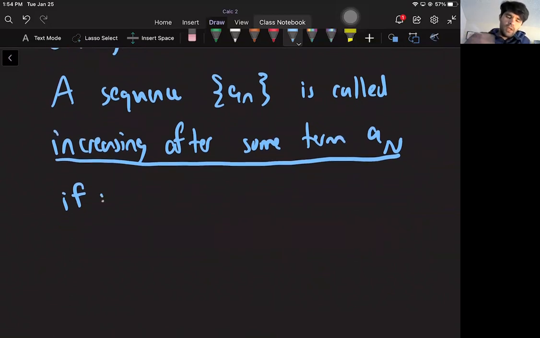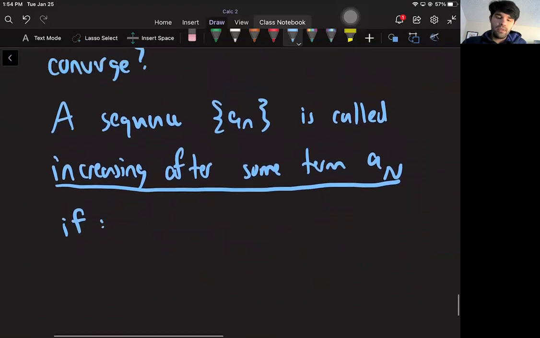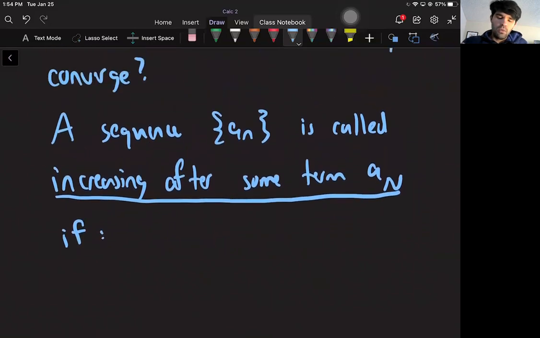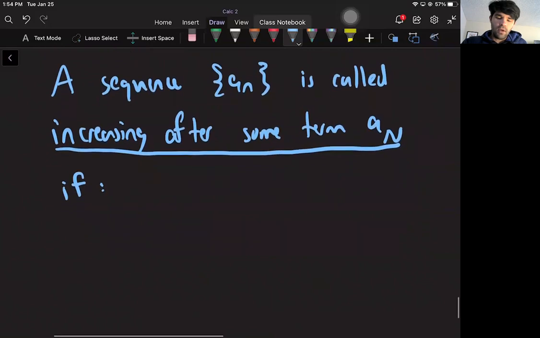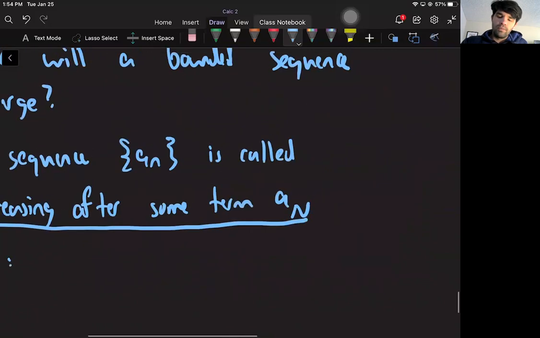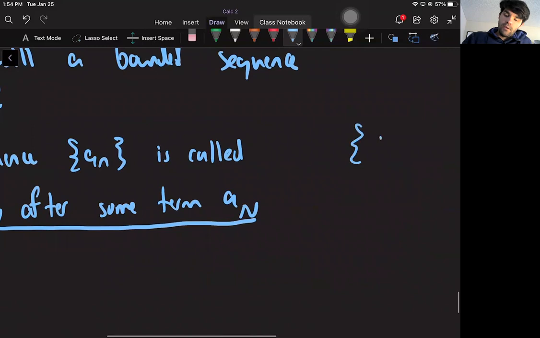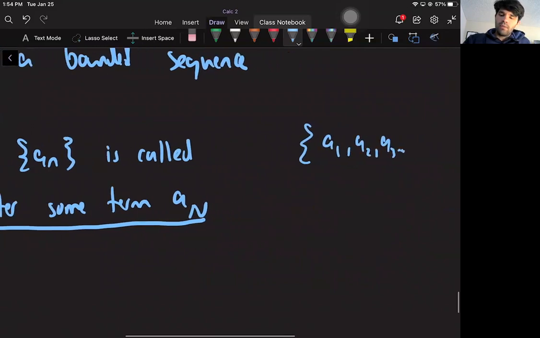And one way to do that is to compare terms with previous terms. So how can I do that? Well, if I had like A1, A2, and A3, what would it mean for the sequence to be increasing? Starting at A1, it would mean that A1 was smaller than A2 because it got bigger, it increased.